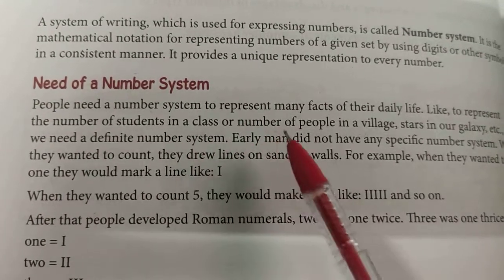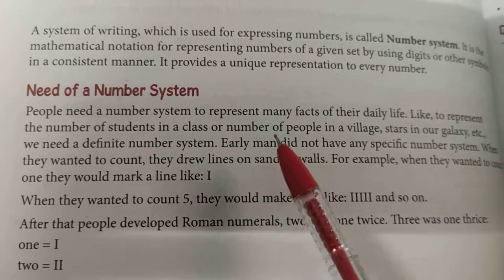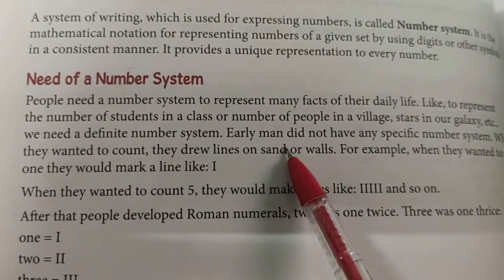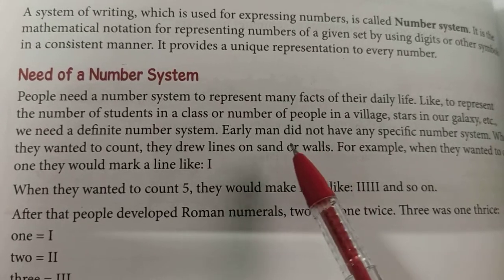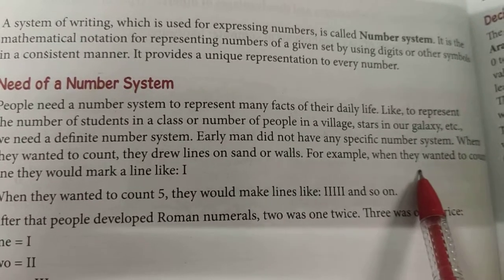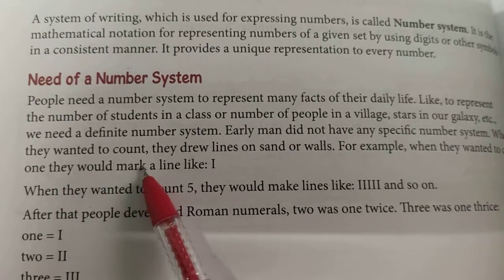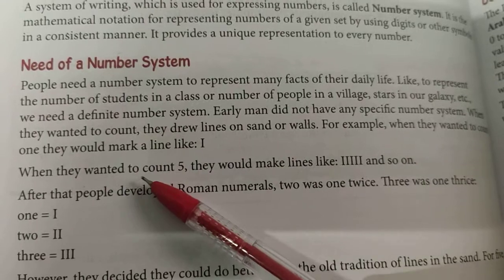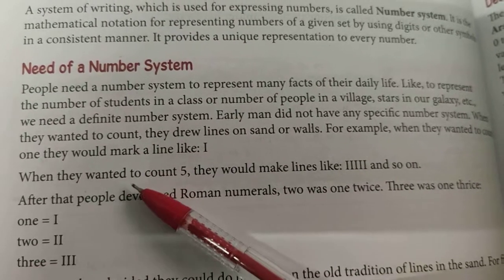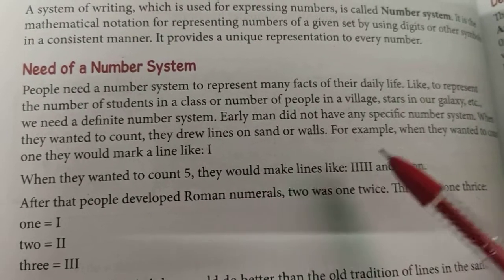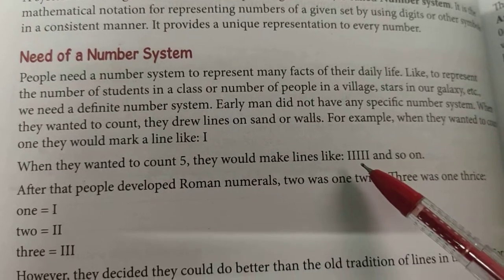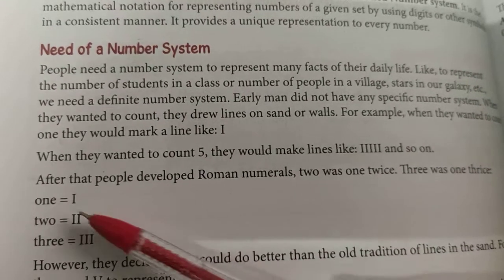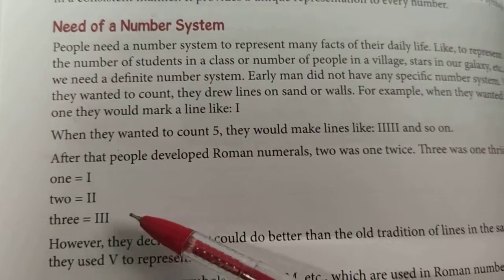In earlier times, early man used to define numbers by drawing lines on sand, on walls or on stones. For example, when they wanted to count one, they would mark a line, and if they wanted to count 5, they would make 5 single lines in this way. And after that Roman numerals were developed like this, I, II and III.